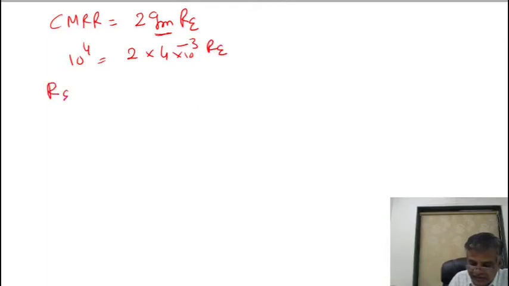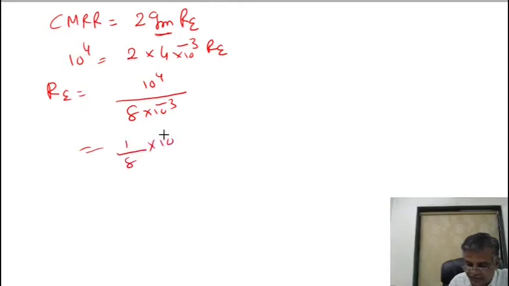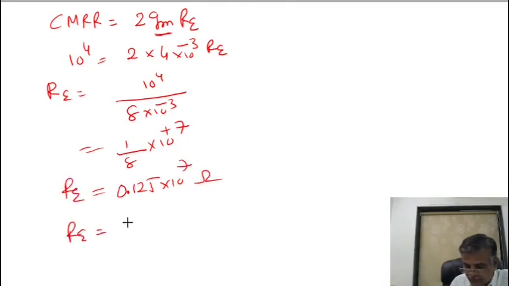So RE I can write as 10 raised to 4 upon 8 into 10 raised to minus 3. So 1 upon 8 into 10 raised to plus 7. 1 upon 8 you already know, I think, 0.125 into 10 raised to 7 ohm. So RE is equal to 1.25 mega ohm.